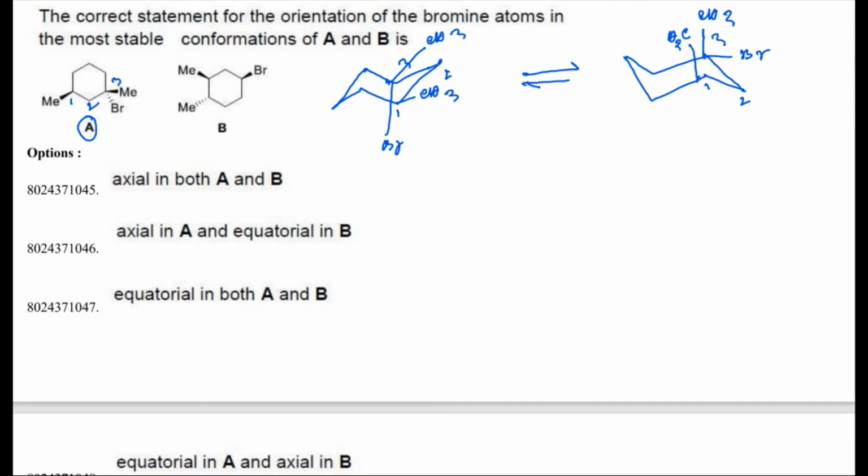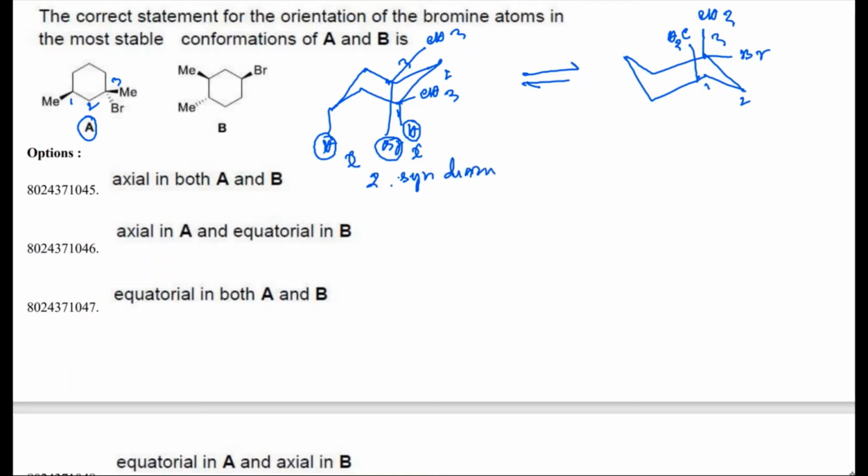Now we will see the interactions that operate in these two conformations. Here one hydrogen is there, and here also one hydrogen is there. So this hydrogen and Br, a 1,3 syn diaxial interaction will operate, and this Br and hydrogen another 1,3 syn diaxial interaction will operate.